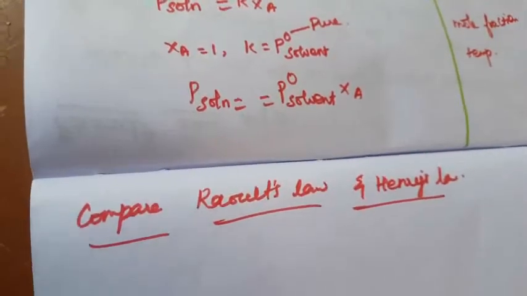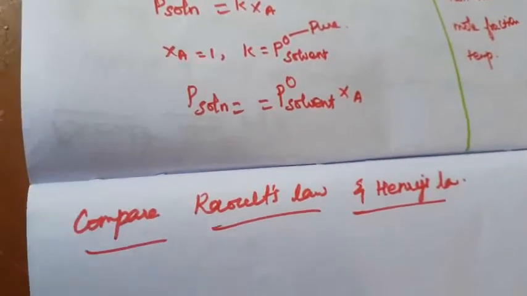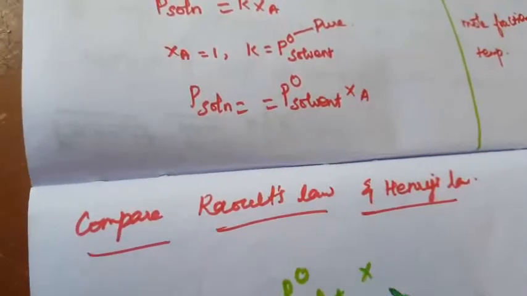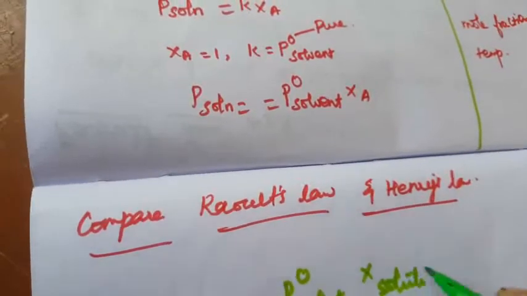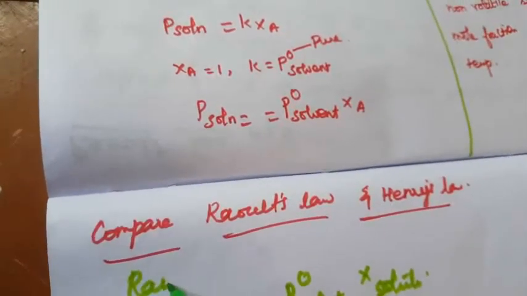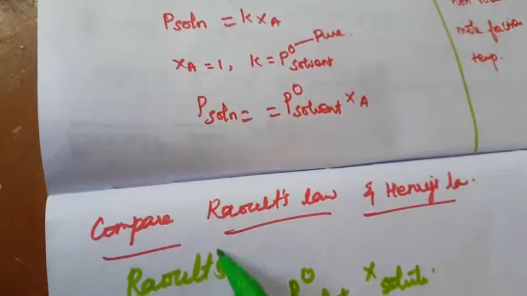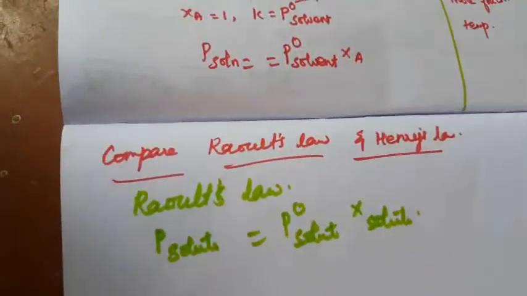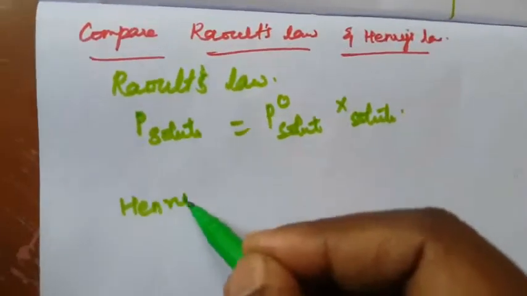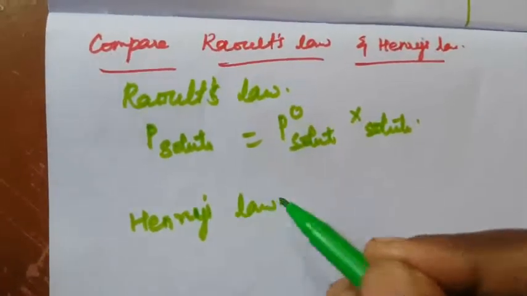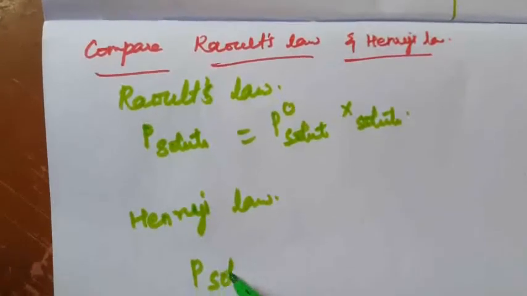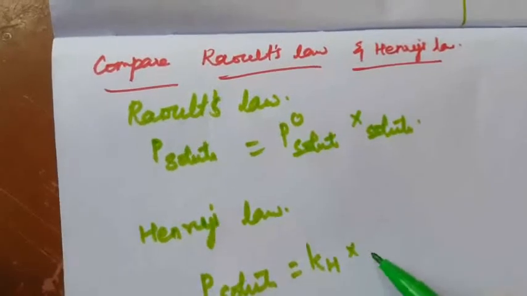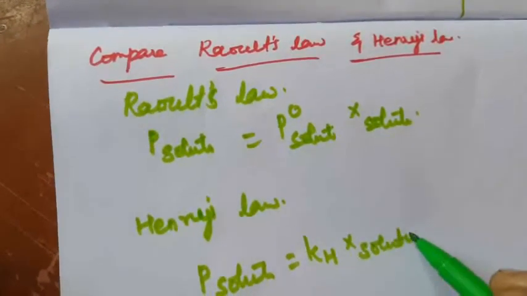P solute equal to P0 solute X solute. This is called Raoult's law. So what is Henry's law? Henry's law: P solute equal to KH X solute in solution.